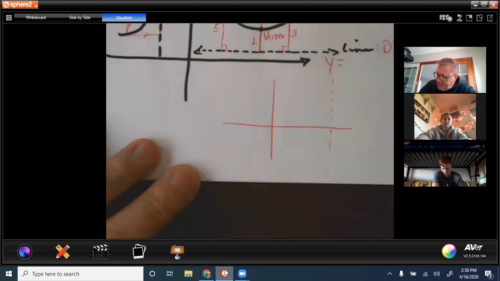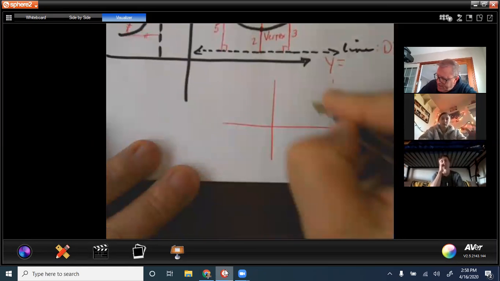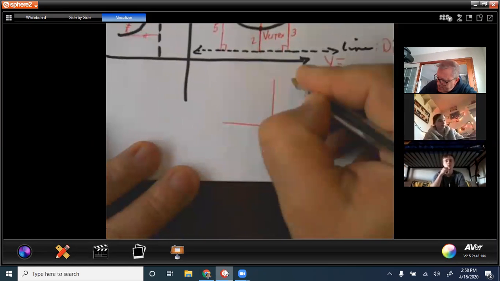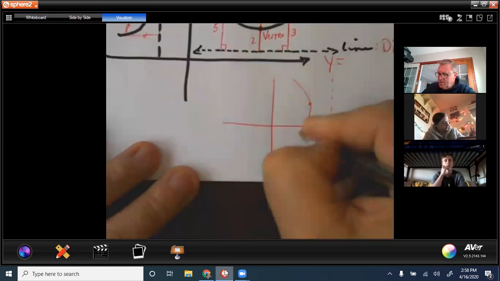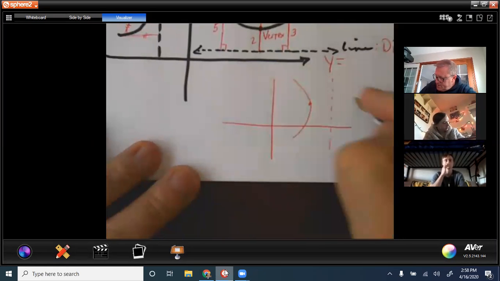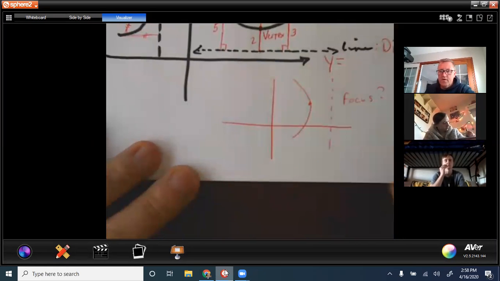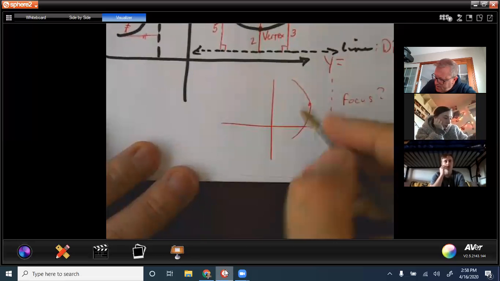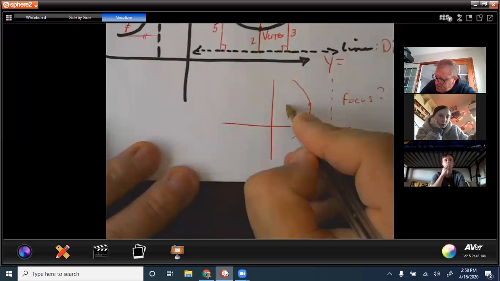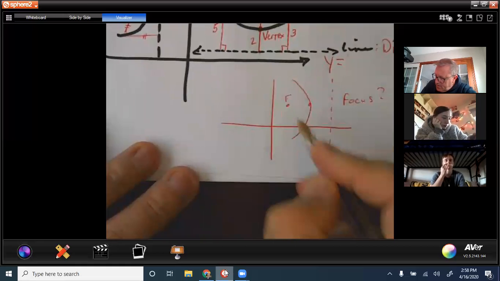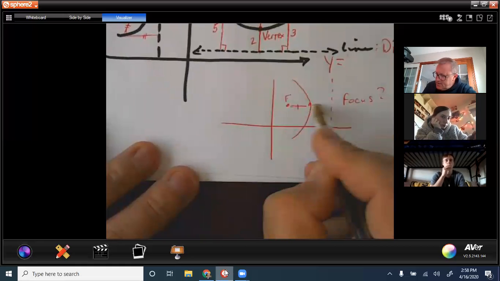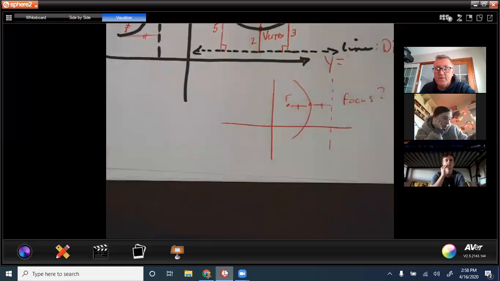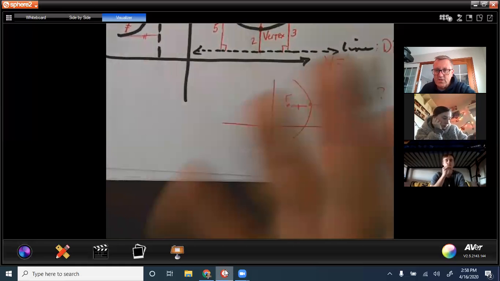If I know that the vertex of the parabola is right there, then where is the focus? Well, then the focus has to be about here, because I know that it's equidistant from the vertex, the origin of the parabola.